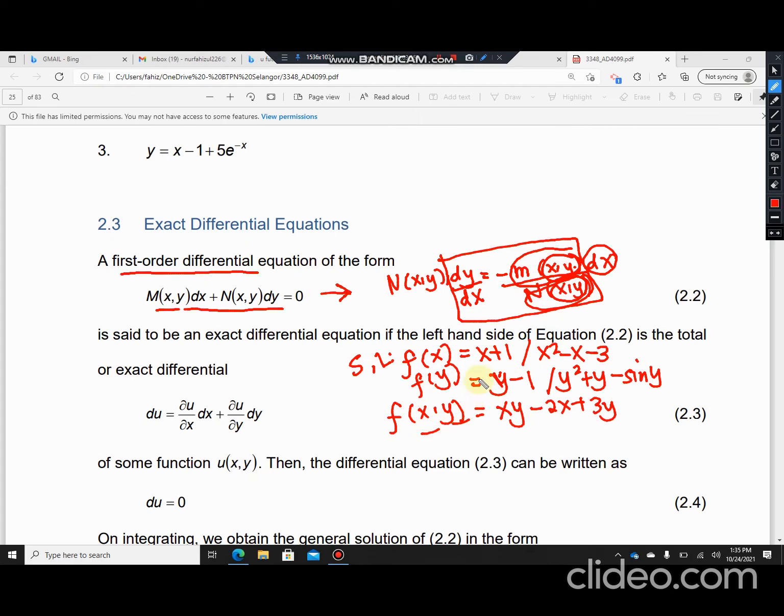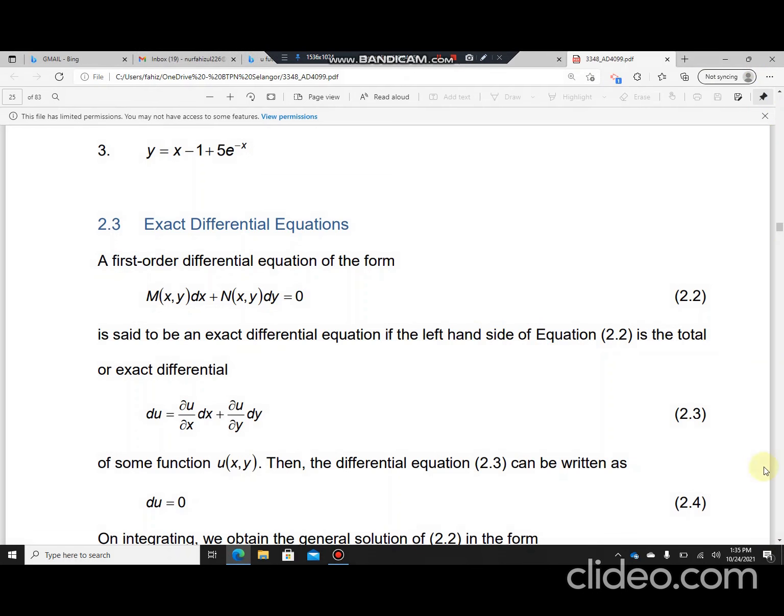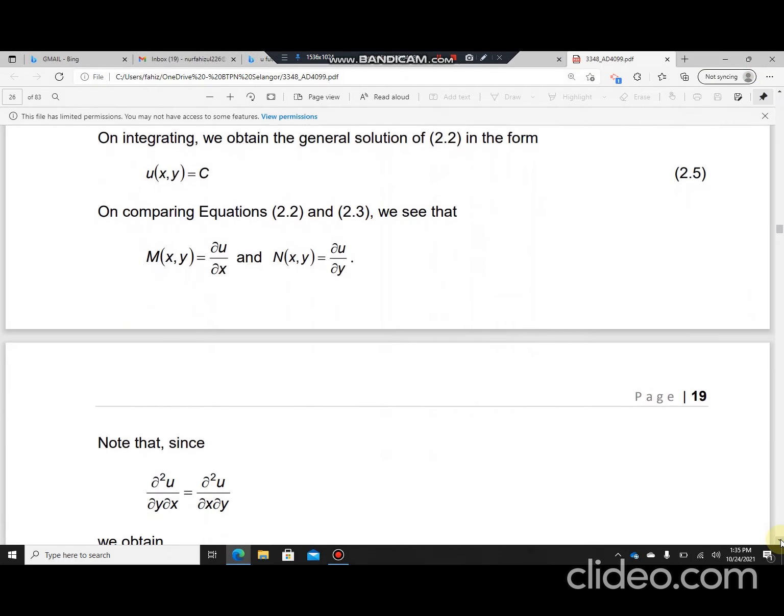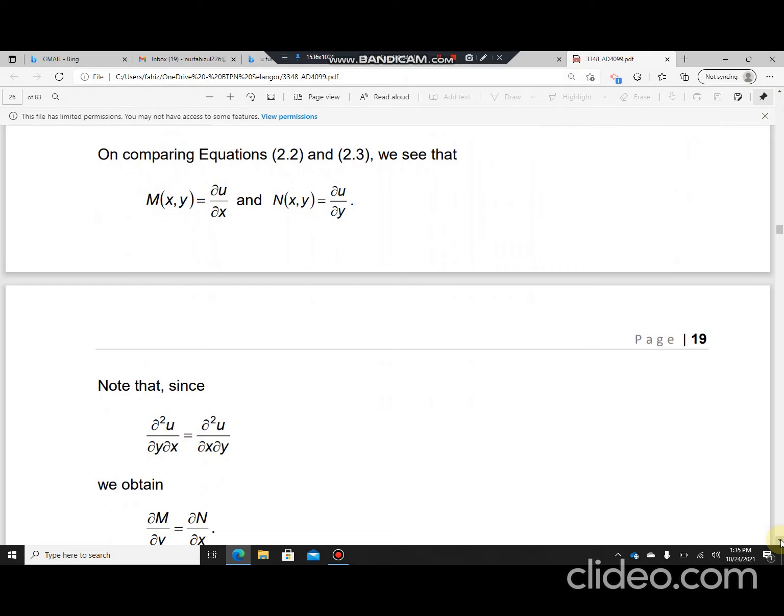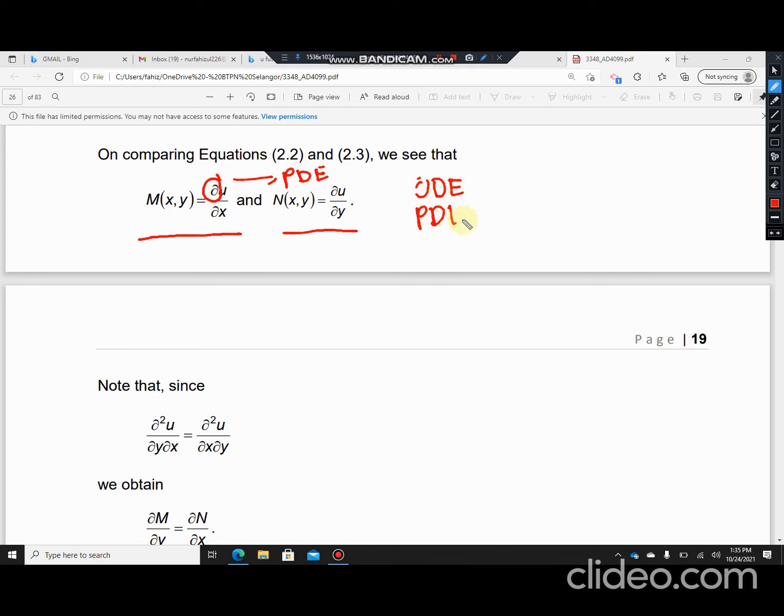So for exact differential equation, first, we must know that M(x,y) equals ∂u/∂x and N(x,y) equals ∂u/∂y. Why do we use delta? Because here it becomes a partial differential equation. We have two types, ordinary differential equation and partial differential equation.